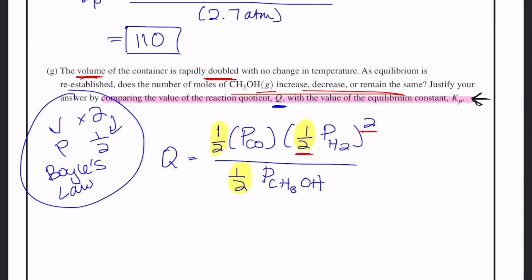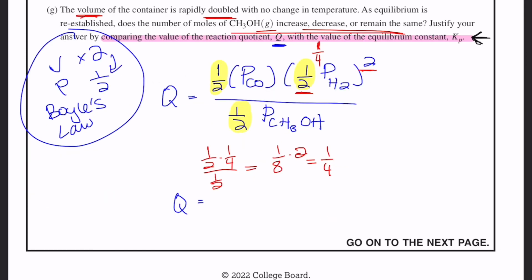So that's 1/2 times 1/4 over 1/2. Now we have Q equal to 1/4 of the rest of what we had over here.